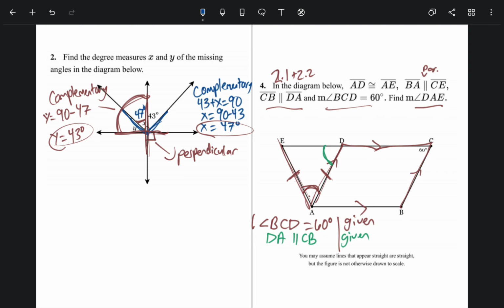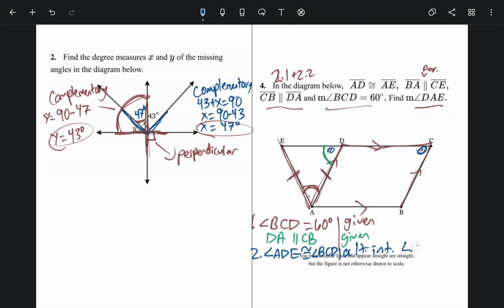So because of that, we could say that angle ADE is congruent with angle BCD because these are alternate interior angles.